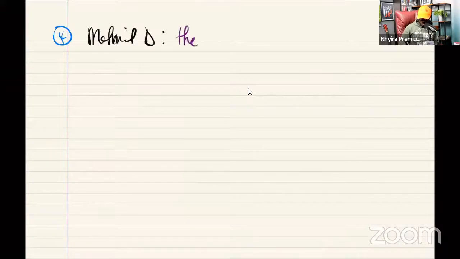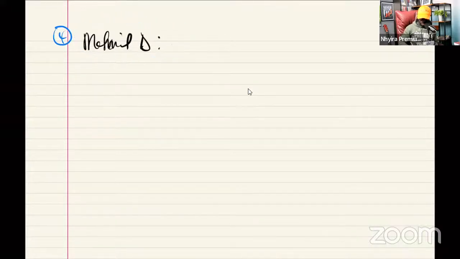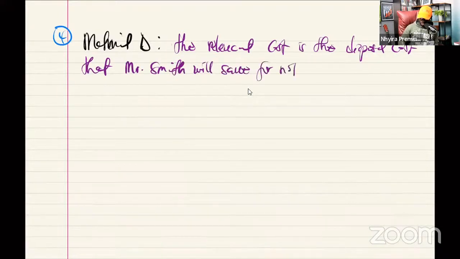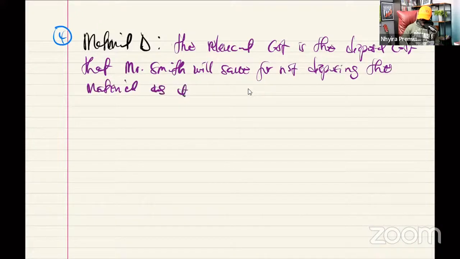So the relevant cost is the disposal cost that Mr. Smith will save for not disposing the material, as it is used for the current order.